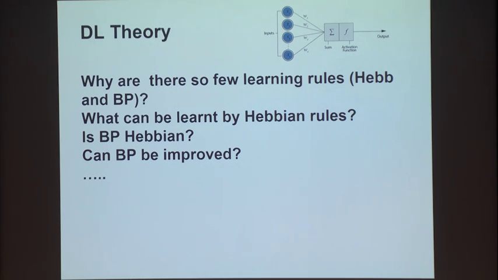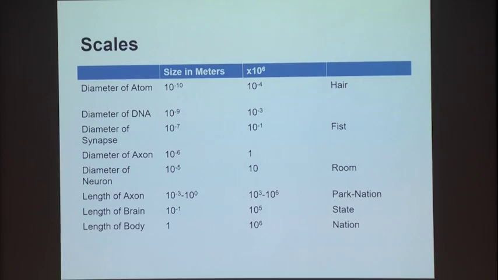And you will see that this is going to explain why Fukushima's idea of training weights in a Hebbian fashion did not work, and will give you a sense of why there are so few learning rules, right? Basically, I showed you two rules, gradient descent and Hebbian learning. Why haven't we found other learning rules? Is gradient descent the best you can do, for instance? Etc. So I'm going to answer those questions for you.